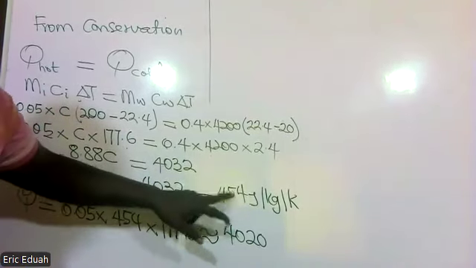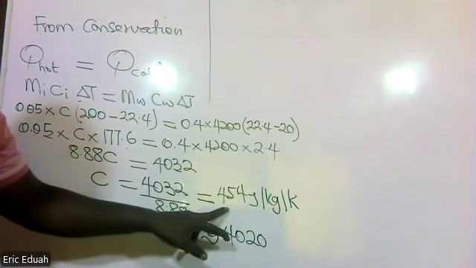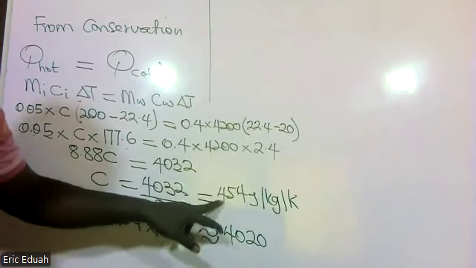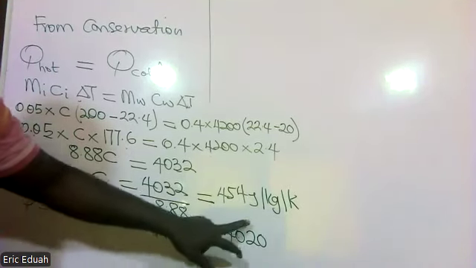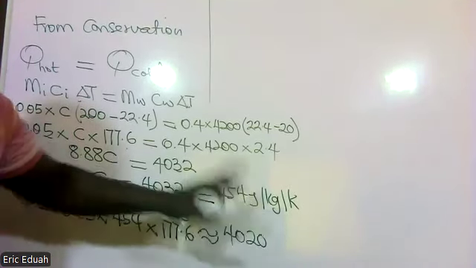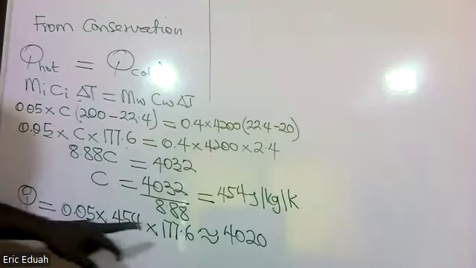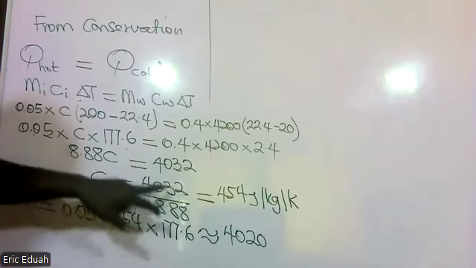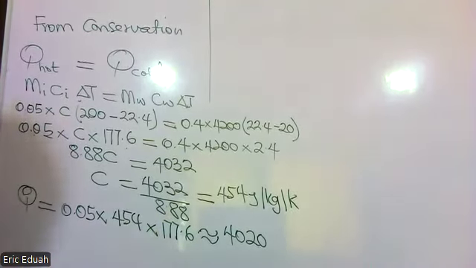You had 457 or so. Check. I had 454.05. I saw a slight change in one of your calculations, the reason you had this answer. So go through it and you will see it.